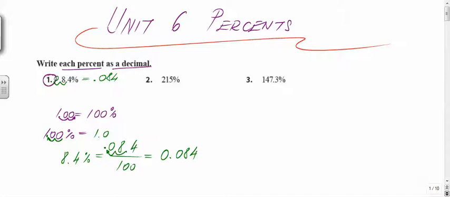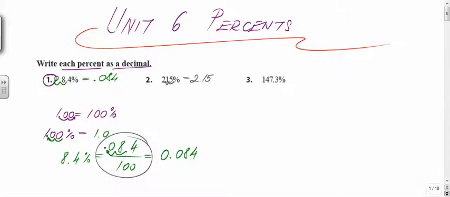Same rule here, 15%. You divide everything by 100, as we did in here, right? Which means 2 steps to the left, this will be 0.15. Number 3, 147.3%.